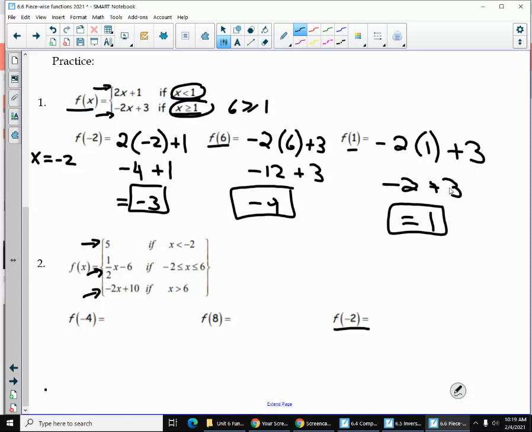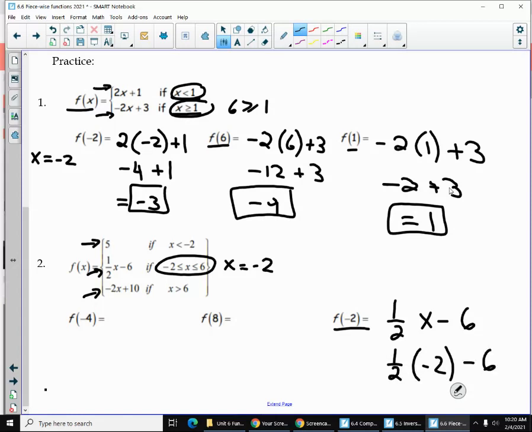So x equals -2 will be in this domain, so I will use this function. f of x will be 1/2 x minus 6, and instead of x, I will replace x with -2, so I get 1/2 times -2 minus 6. Half of -2 is -1, minus 6, and your final answer would be -7.